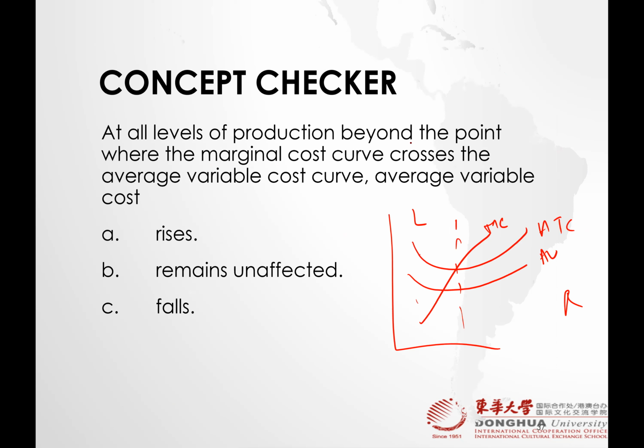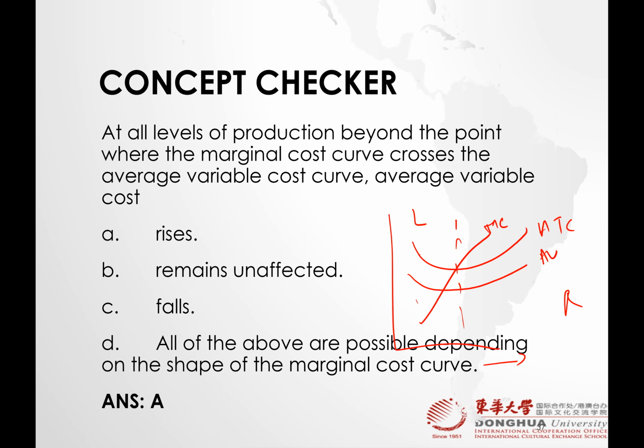At all levels of production beyond the point where marginal cost curve crosses the average variable cost curve, average variable cost, right. Obvious, right? You see, it's rising.